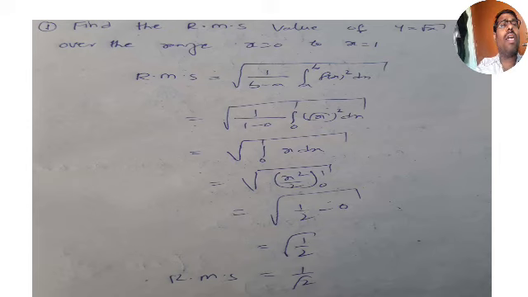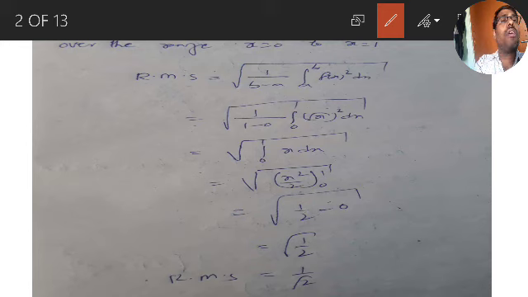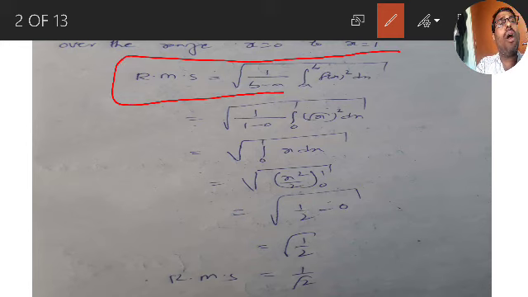Now, what you are able to know from the problem is that f of x is square root of x and limits are 0 to 1. Is it clear? Now we go for the RMS value formula. What is RMS value?